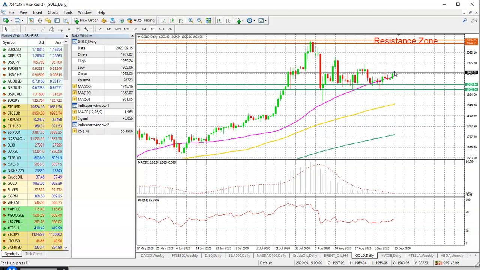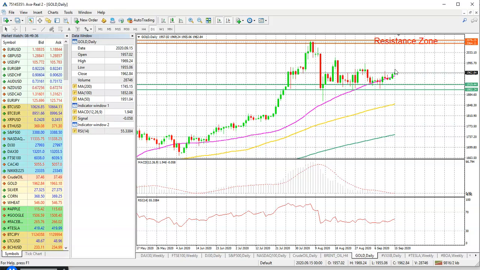But the main thing really driving it is a weaker dollar, because tomorrow we have the FOMC meeting. The expectations are that the Fed is going to remain dovish, meaning the Fed is going to keep the interest rate lower for longer, and that is likely to influence the dollar index negatively. Hence, we are seeing this upward move. This upward move is primarily because of the weaker dollar, but also because of the uncertainty in the equity market.